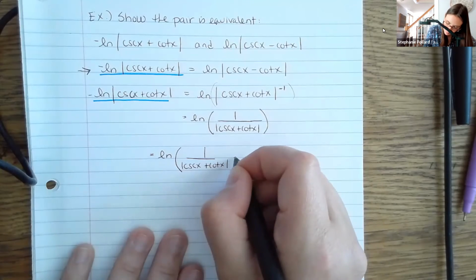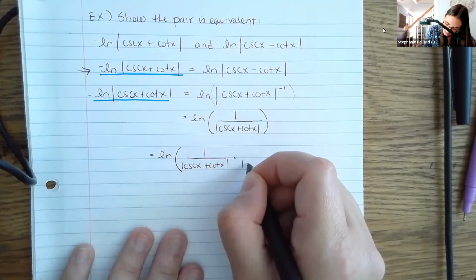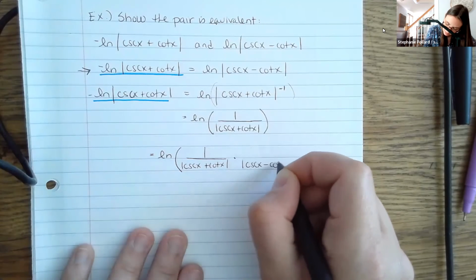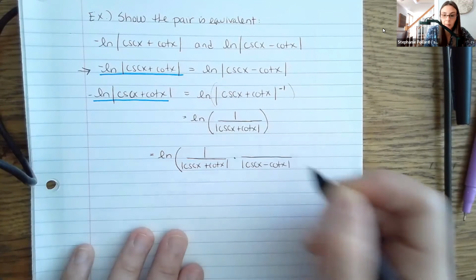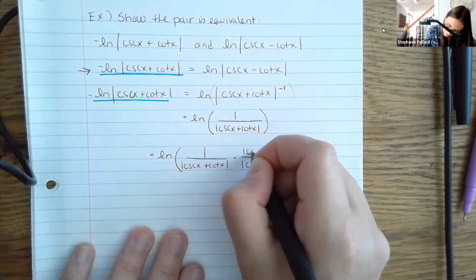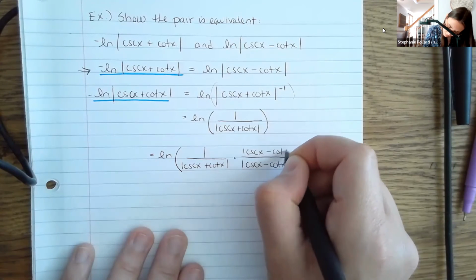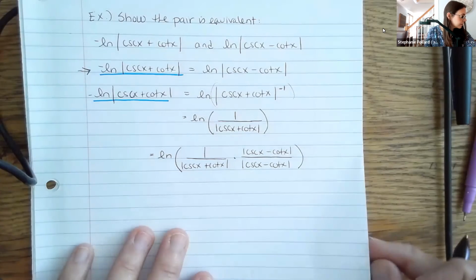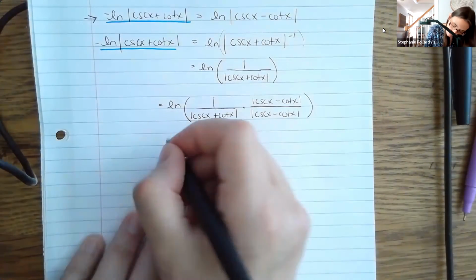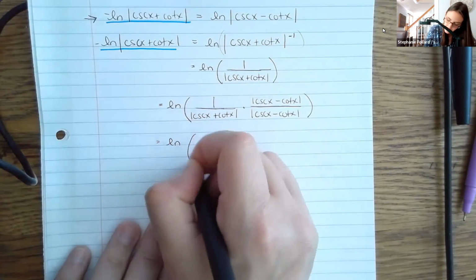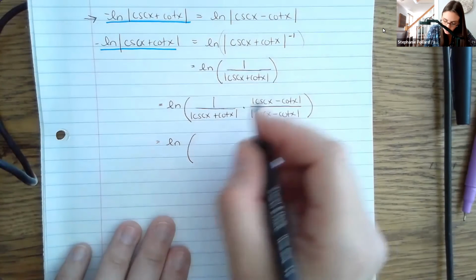And I'm going to multiply that by the absolute value of cosecant x minus cotangent x. But I can't just do it on the bottom, I have to do it on the top as well. So multiplying the top by 1 isn't going to change anything.